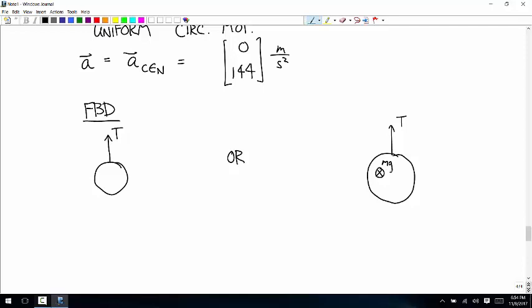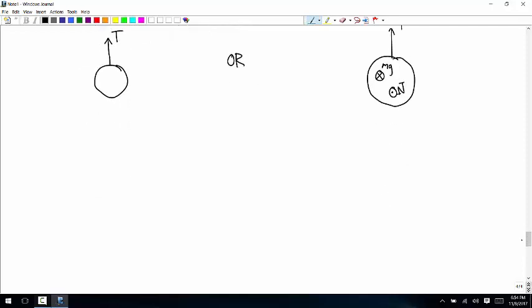And the normal force is coming towards us, so you'd write that like this. But you can just leave it off too. You see how this is supposed to be a point coming towards you, and this is supposed to be the feathers of an arrow going away from you. Either way, those aren't going to show up in our Newton's laws because they're not in the plane of our axes.